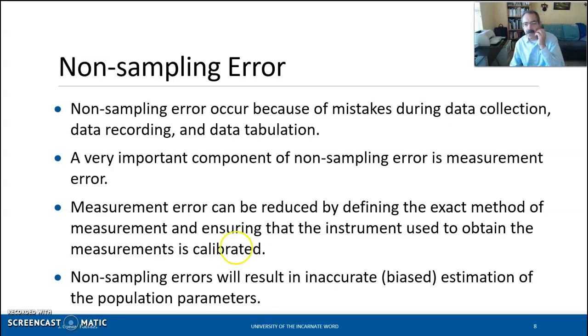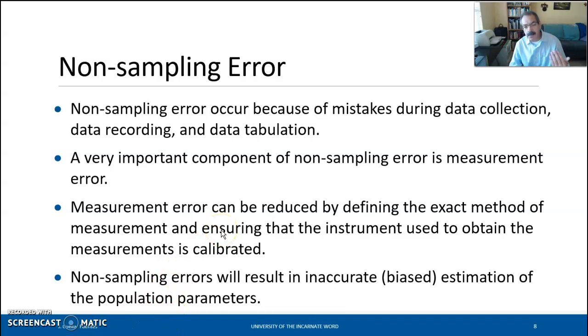And for the measurement error, you need to study how to conduct the measurement, write a protocol for how to conduct the measurement, and ensure that the instrument that is being used is calibrated. You may be using a scale to weigh things, or you may be using a very sophisticated chemical analysis to quantify composition, for example. But all of that needs to be documented.